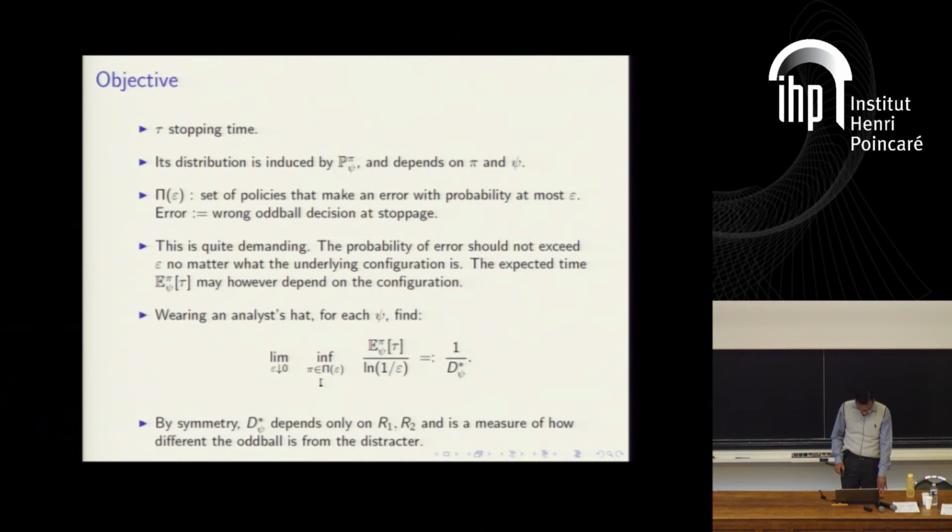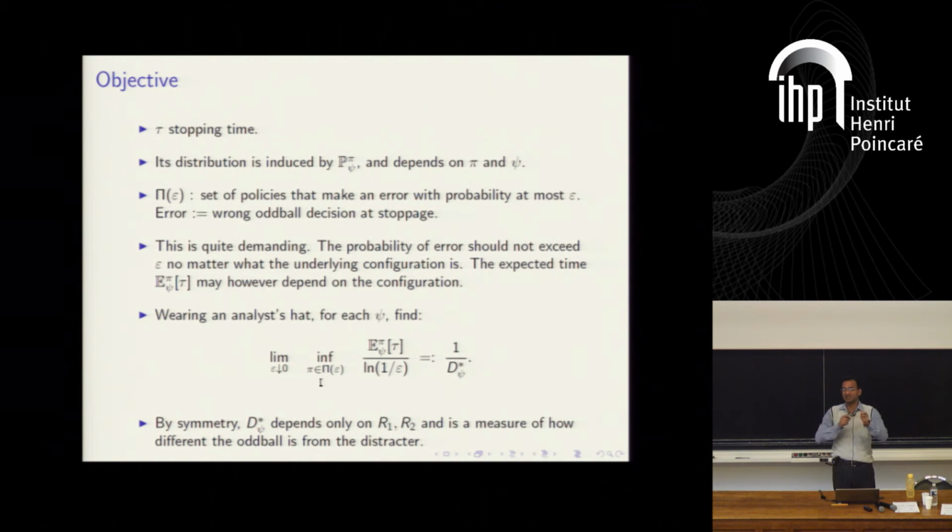Now, by symmetry, it perhaps is intuitive that this D xi star should not depend on the oddball location I. That's because we have essentially thrown the geometry of the particular configuration out of the window, and we are focusing only on I, R1, and R2, and I could be any particular location, and there is symmetry here.